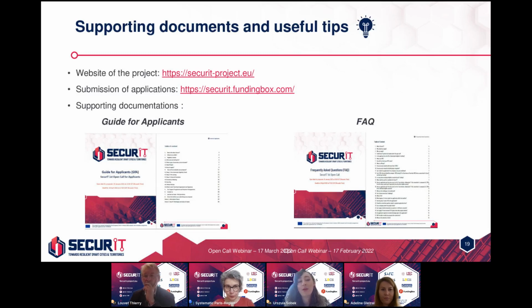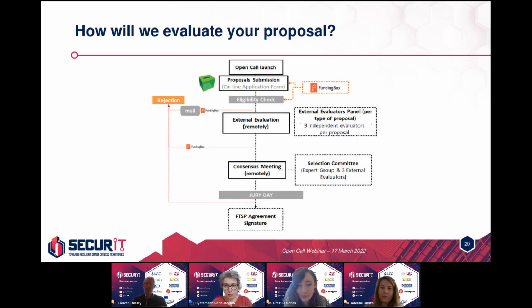As a recap of the previous part, here you will find the links to the main project website, and also to the website where you can find the application form and all necessary documents. So please, before applying, read carefully the Guide for Applicants and also the frequently asked questions documents to find all necessary information and answers to questions that you might have during the preparation process.